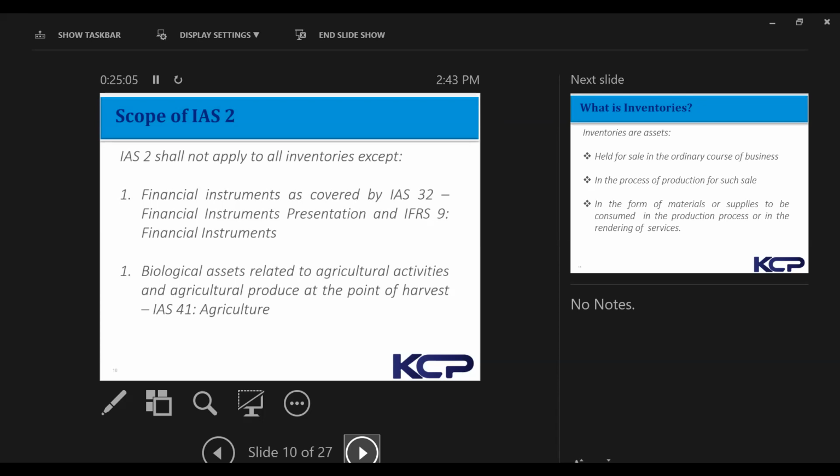Is that clear? Two, biological assets related to agricultural activities and agricultural produce at the point of harvest. Anytime you have biological assets relating to agricultural activities or agricultural produce, IAS 41 Agriculture coincidentally says you should value at the lower of cost or net realizable value.